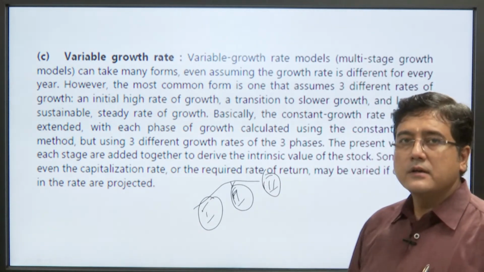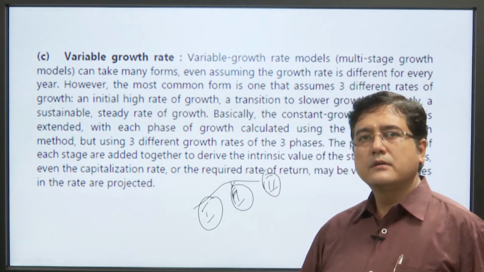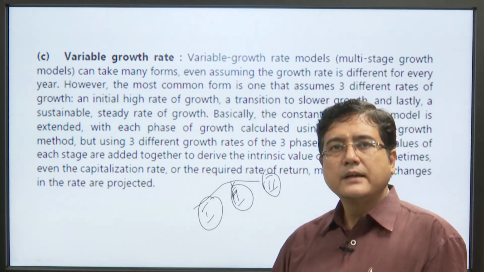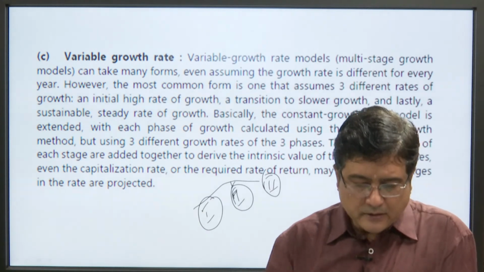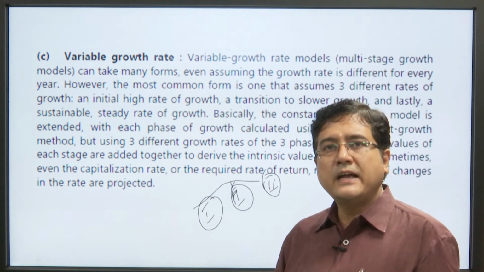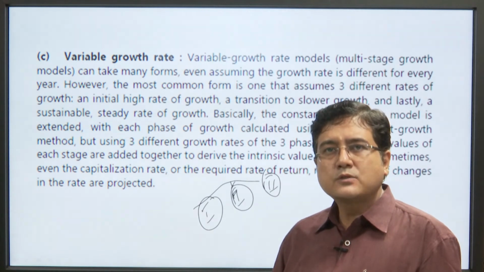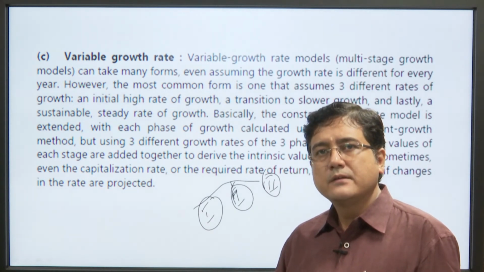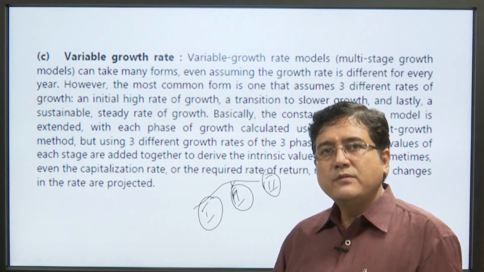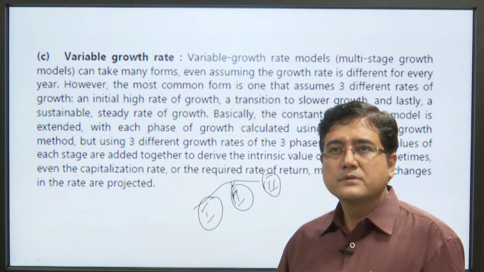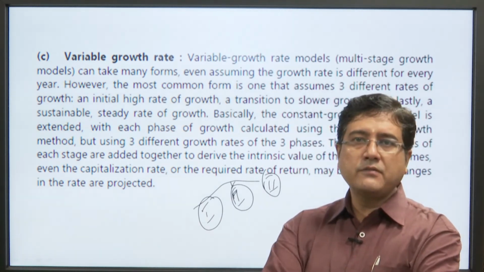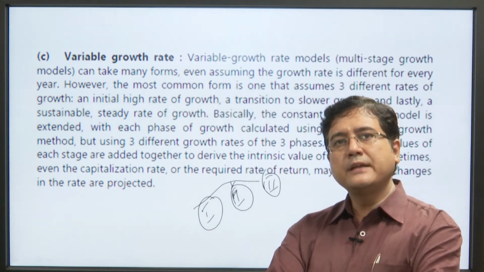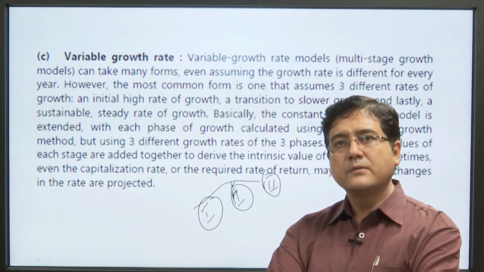We need to calculate the growth of dividend in every period. We can also calculate it year by year, but it is quite long. If you need to find the market price of a particular share over the last 10 years, then we need to calculate the growth rate of dividend given by the company every year.